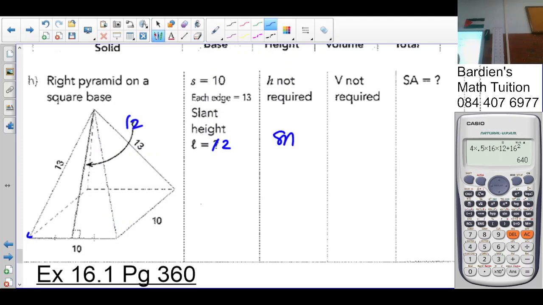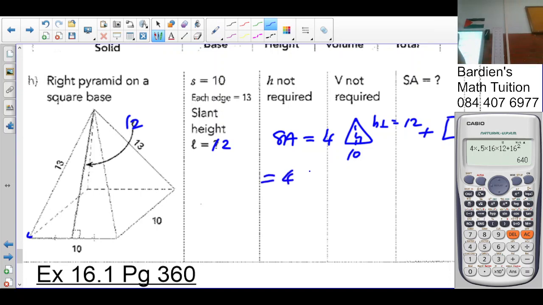So to work out your surface area, how many of those triangles do you have? 4 of those triangles. There's 4 triangles with a slanted length of 12 and a base of, what's the base of this triangle? 10, yes? Plus the area of this base, which is a square with length 10 by 10.